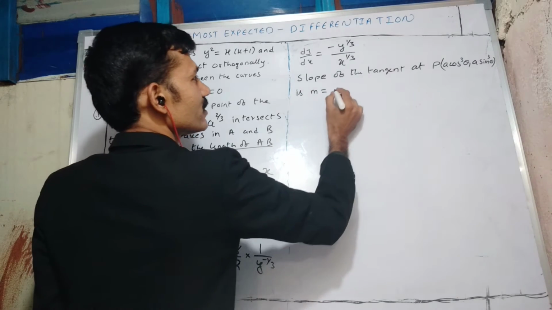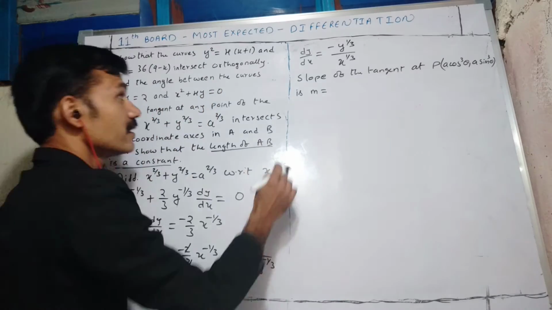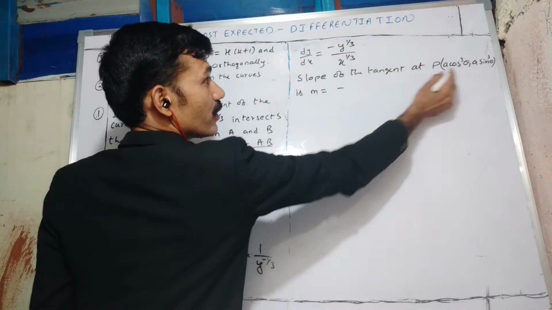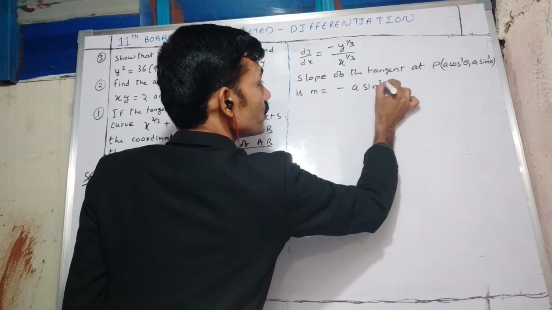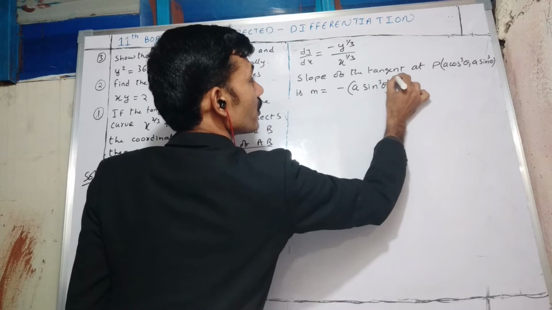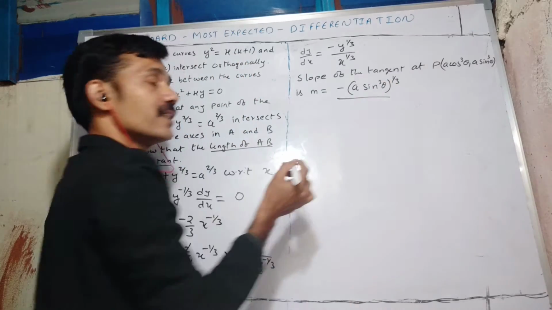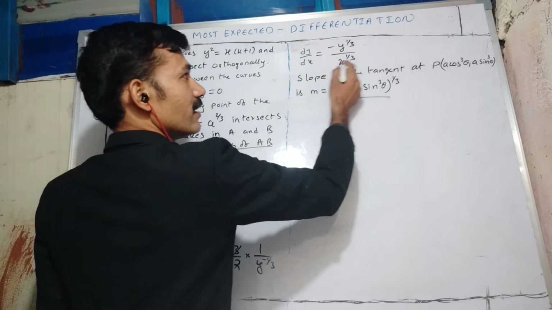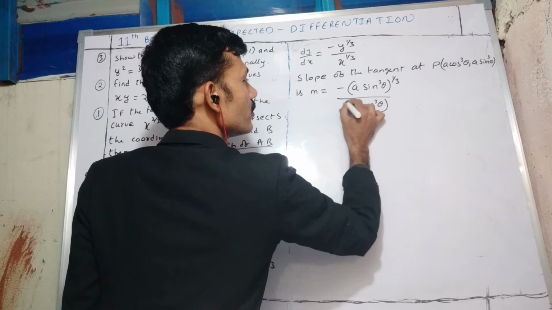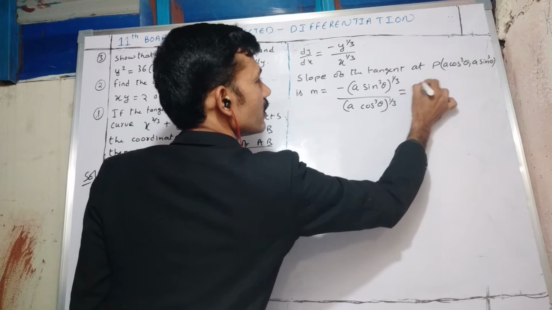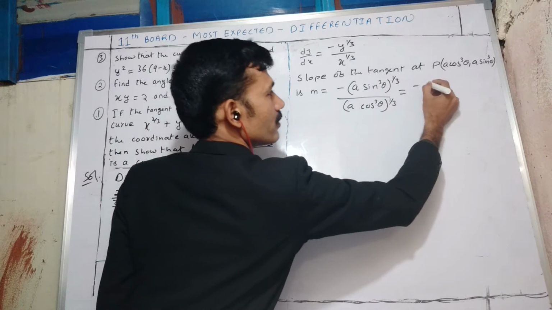Okay, so here dy/dx, how much did we get? In the y place we need to take (a sin^3 theta) whole power 1/3. In the x place what do we have to take? (a cos^3 theta) whole power 1/3. Here whole power 1/3 is there, no?